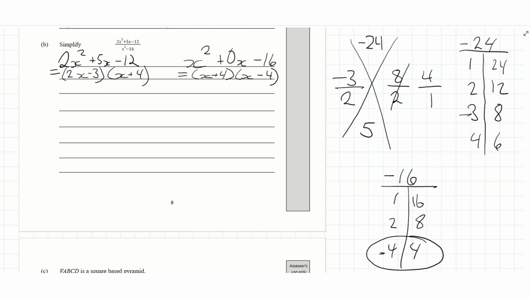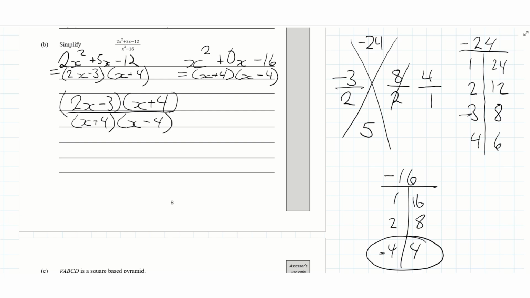So now what I'm going to do is recreate this fraction. So now I've got 2x minus 3 in brackets, x plus 4 over x plus 4, x minus 4. And now I can see that on the top and the bottom, I have numbers that are multiplied together that are the same.